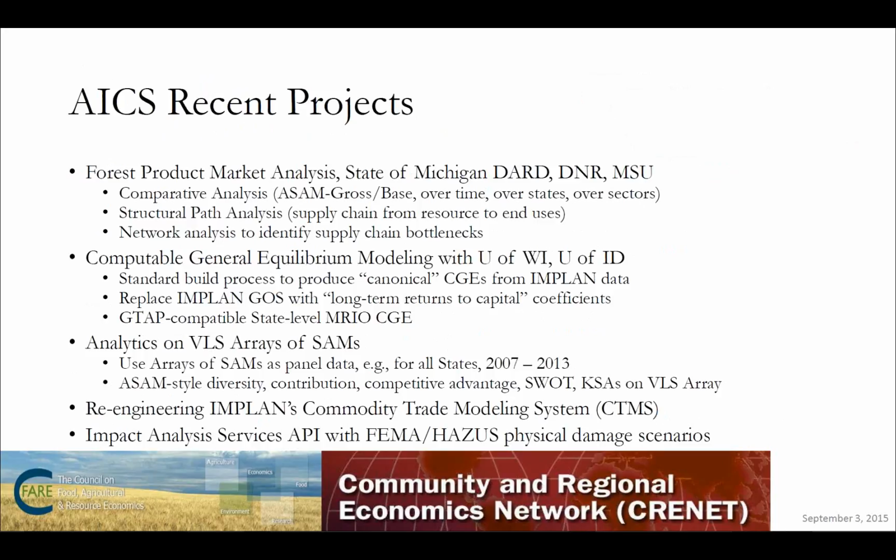One problem that we're trying to come up with a solution for is that the gross operating surplus coefficients in the standard IMPLAN SAMs are actually net numbers, and so there's a number of negatives in there, and we're undertaking a process to be able to replace those with long-term return to capital coefficients, so that we don't have to do a lot of transformations to get from the standard IMPLAN accounts to CGE compatible data sets.